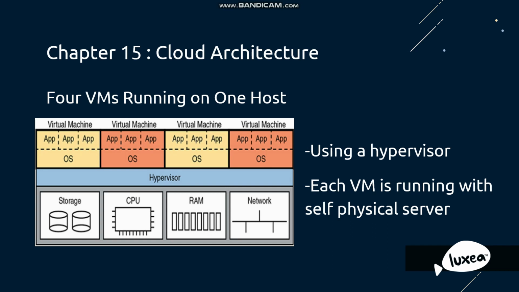It manages and allocates the host hardware. Each VM runs as if it is running on a self-contained physical server. So if one VM happens to be configured to use 4 CPUs with some GB of RAM, the hypervisor allocates the specific parts of CPU and RAM so the VM can use them.